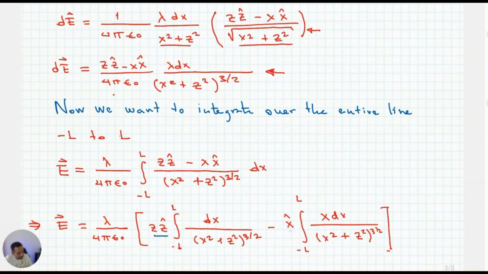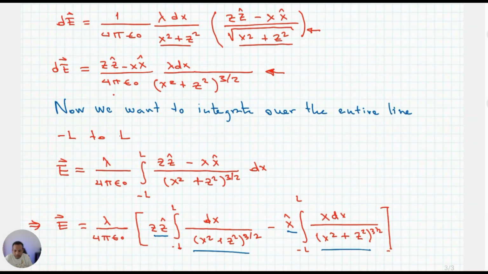Here I take out of the integral the unit vector because basically it's a vector, right? So we want to just have the integral as a function of x, as we can see here. So now we have these two components for this integral.